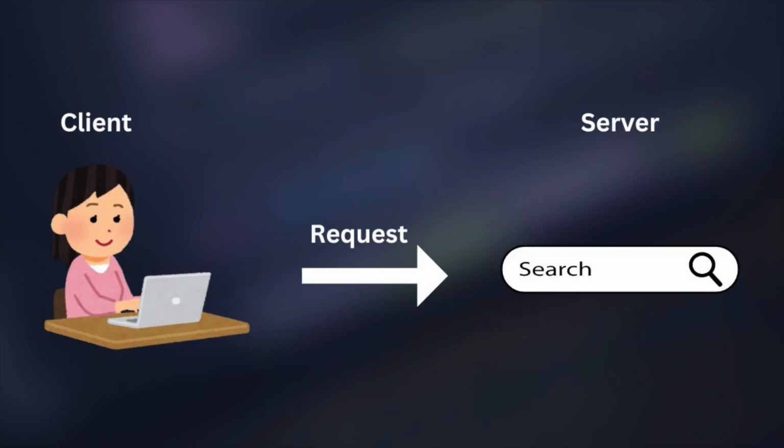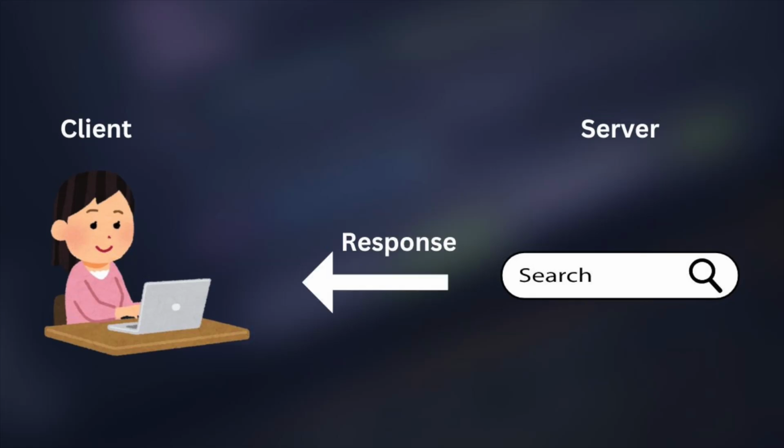So imagine you are searching something on Google. You open the web page, type some request and press enter, and Google gives you the results. So here you made one HTTP request. In this scenario, you, who is making the request, are the client and Google is the server.